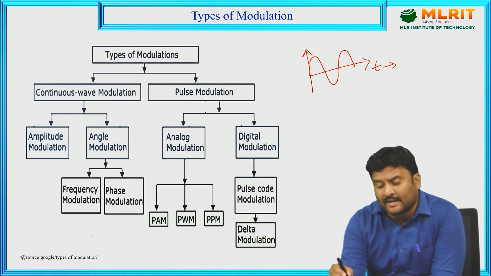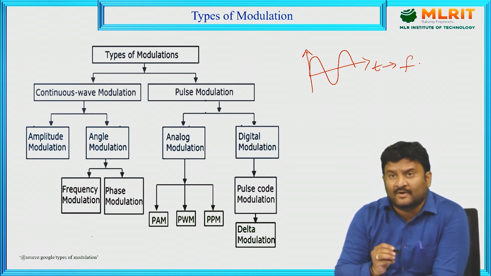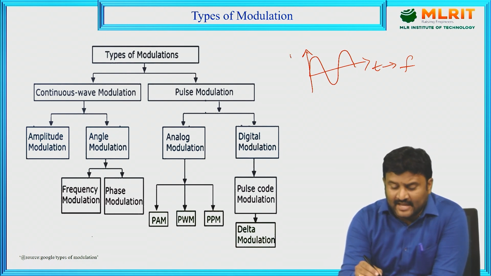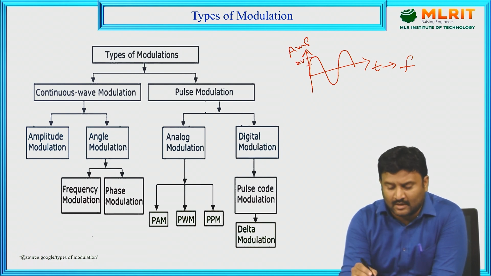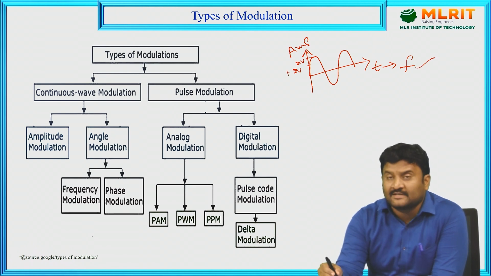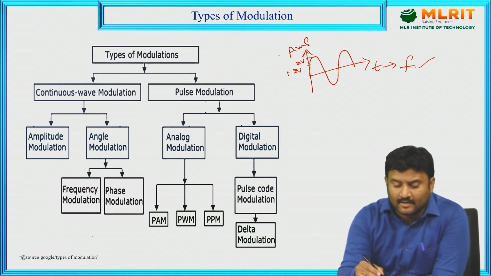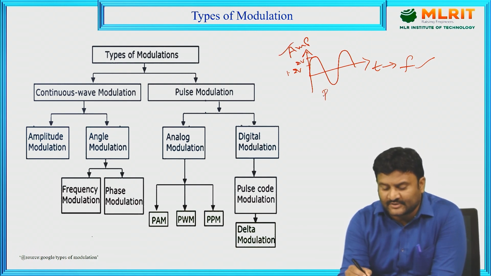Once you know the time period, automatically you know the frequency also. That is one property. The next one is amplitude, how much amplitude it has, for example 2 volts or 1.2 volts. So frequency is one parameter, amplitude is another parameter, and third one is phase.